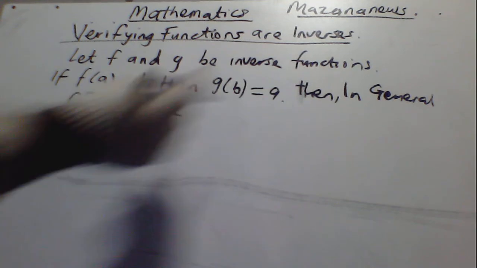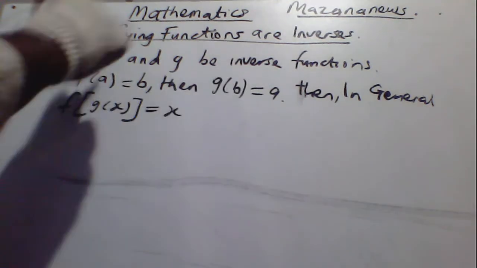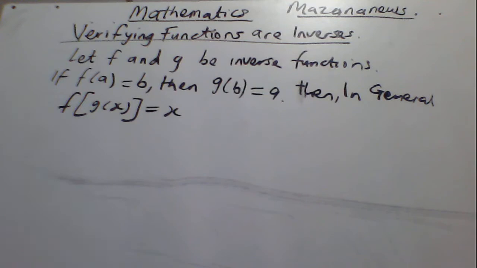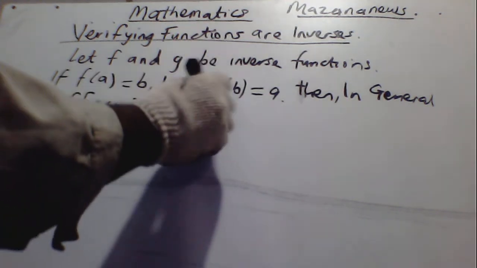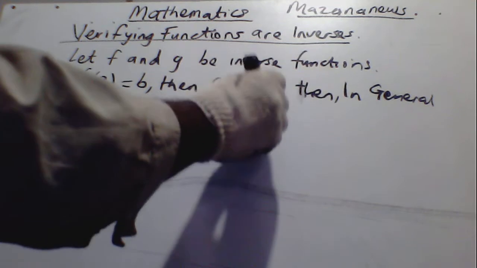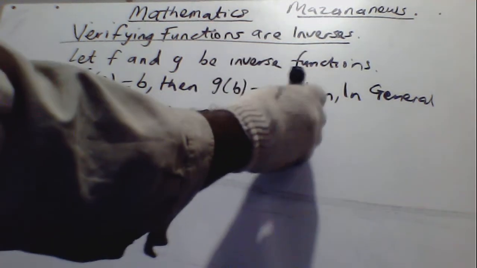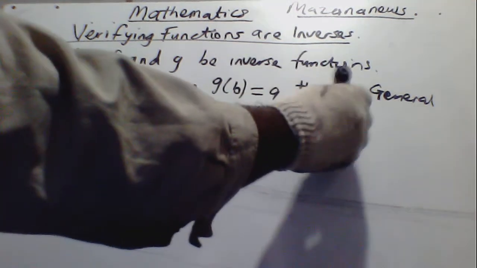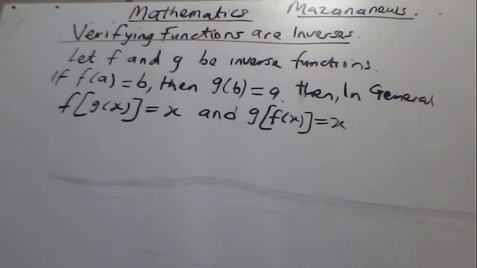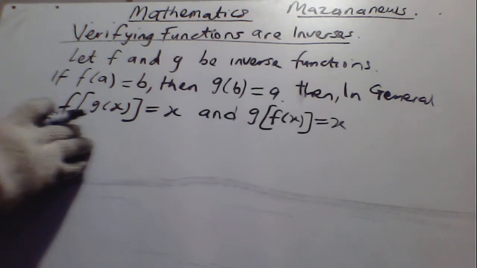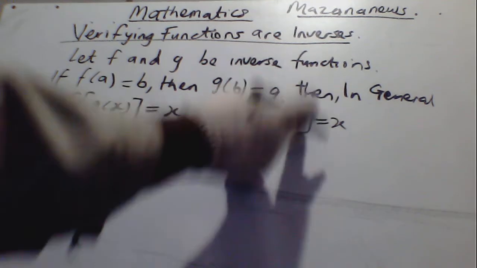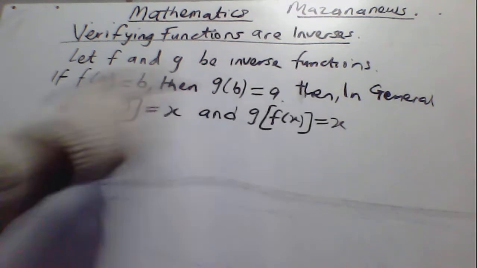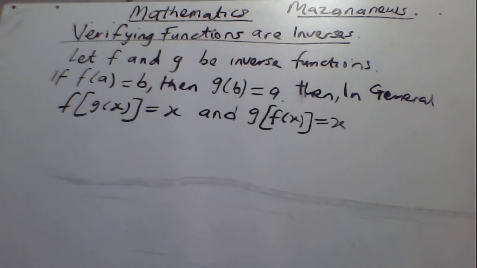That is, we take the values of g and put them into f. If the result is equals to x, and also g of f of x is equals to x, that is, if you put g of x in f it gives us x, and f of x in g it gives us x, then f and g are inverse functions.